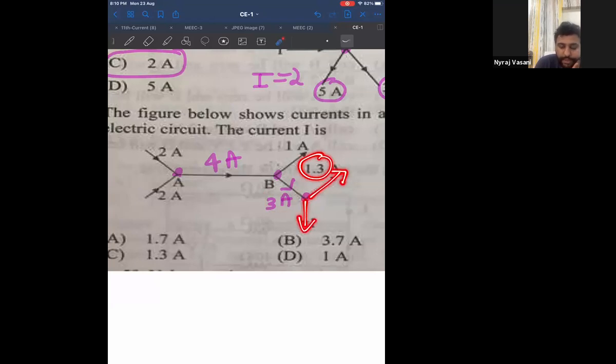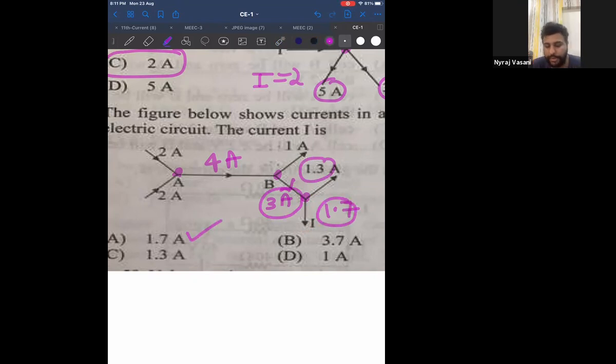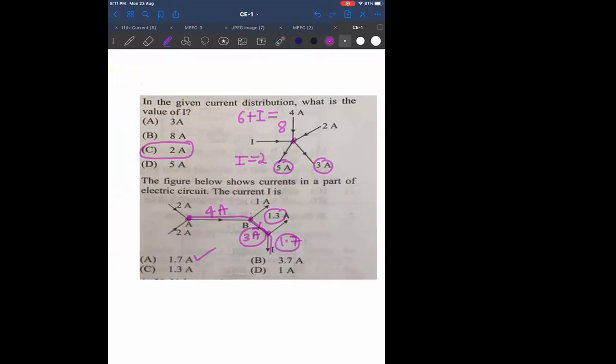Therefore, what is remaining is 1.7. If I write this as 1.7, then it is perfect because total current entering is 3 and the sum of total currents leaving is also 3. Therefore, the answer is 1.7. What I did is progressively apply KCL to each and every node and I got the answer as 1.7. Any doubt? Both the questions are done.